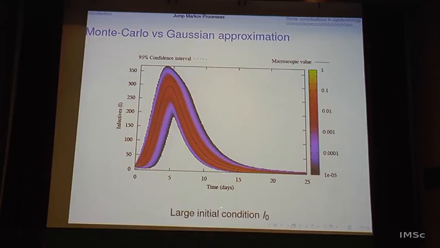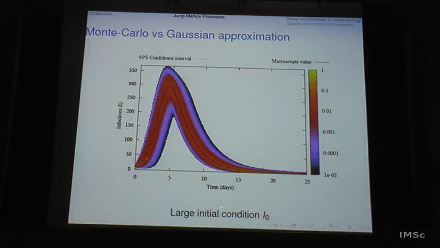Just to show you graphically what all this means, let's say that I had done a lot of Monte Carlo simulations of a SIR model. I'm just considering the number of infectious over time, so you recognize the bell-shaped epidemic. Every time I have some variability, and when it's red, that means I have a bigger probability mass.